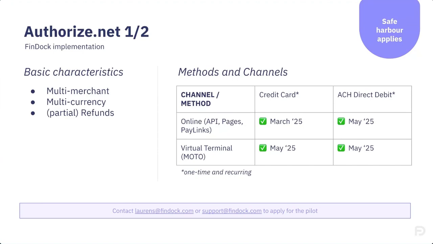With the May release, we now also offer ACH direct debit through online and our virtual terminal, which we'll be talking about later, and credit card through our virtual terminal as well, which means we're feature complete for authorized.net. We've also implemented feedback from our pilot customers and are definitely looking for more feedback to move this to beta and to general availability soon.